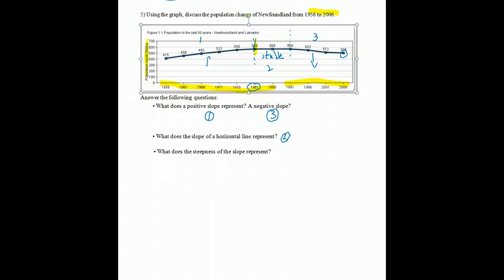And last question, what does steepness of slope represent? Steepness can be referred to as, I guess, the quickness or the rate of change.